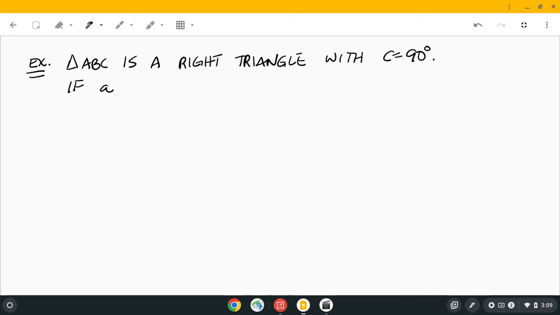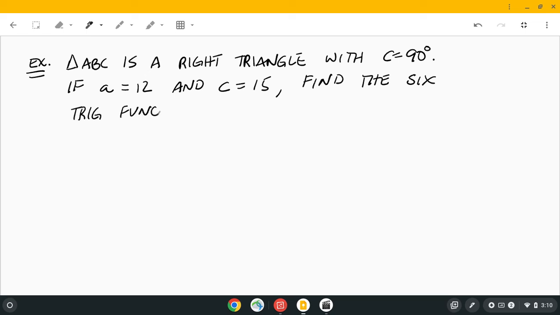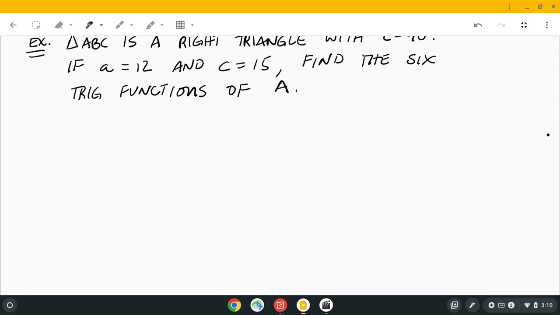If side A, and remember we use lowercase for the sides and uppercase for the angles, so lowercase a, side A equals 12 and side C equals 15. Find the 6 trig functions of uppercase A, so that's angle A.